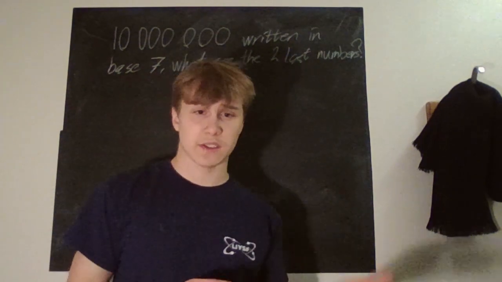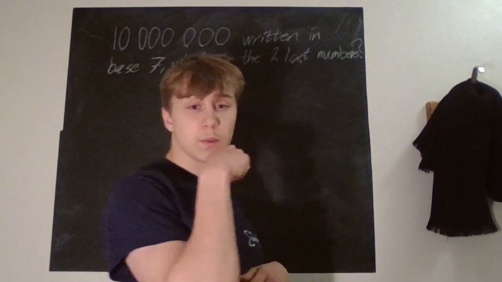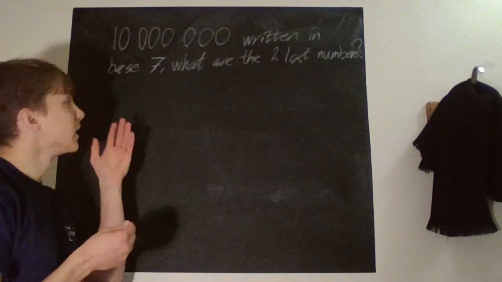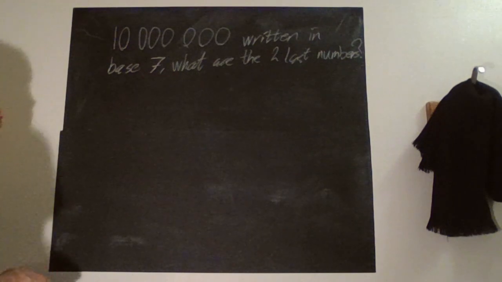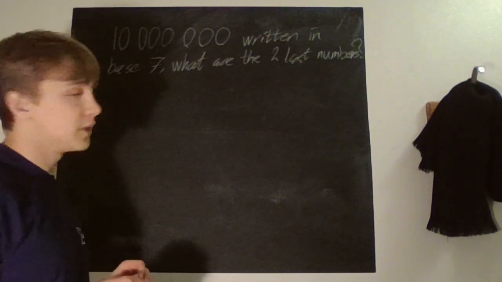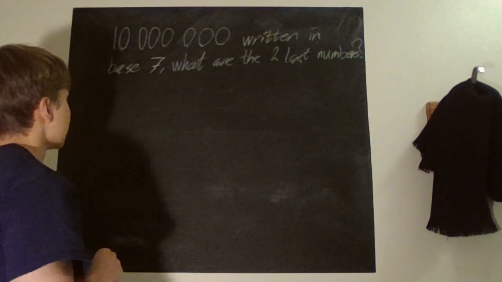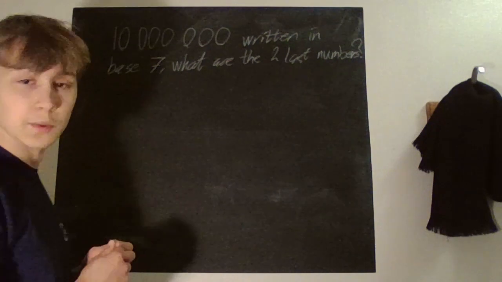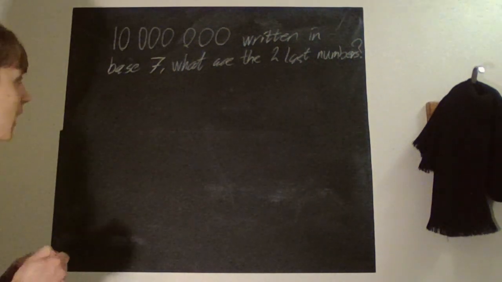In base 7, as in base 10, we can only use the numbers 0 to 6. So each of the two numbers separately has to be somewhere between 0 and 6. So, how do we do this?